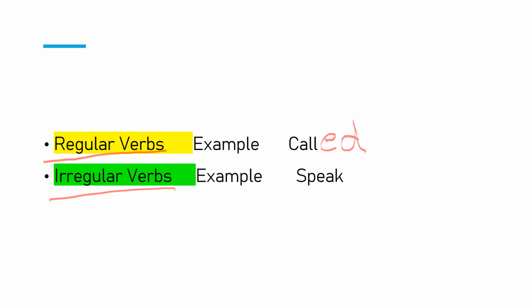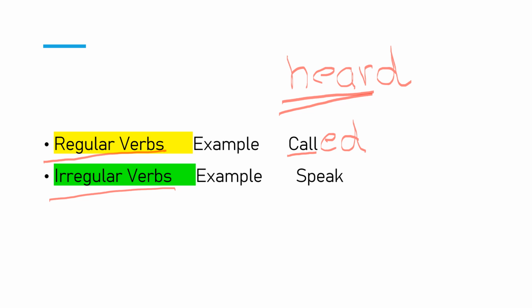Called. Another example is hear. That is the base form of the verb here. By simply adding d, heard is the simple past form of the verb hear. Base forms are call and hear, and the simple past forms are called and heard.